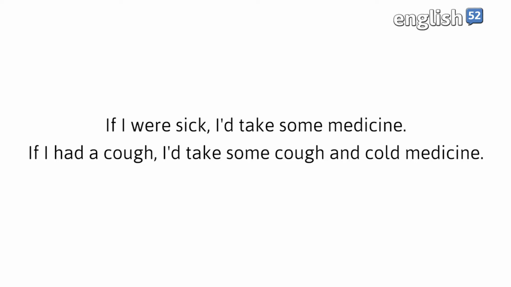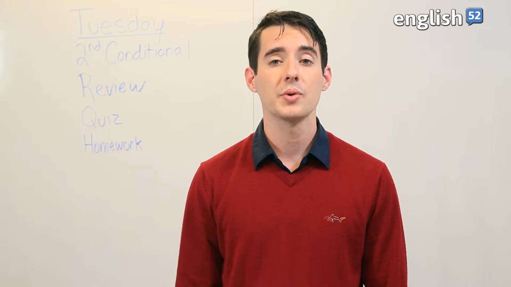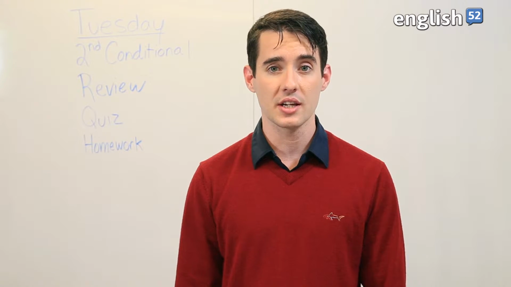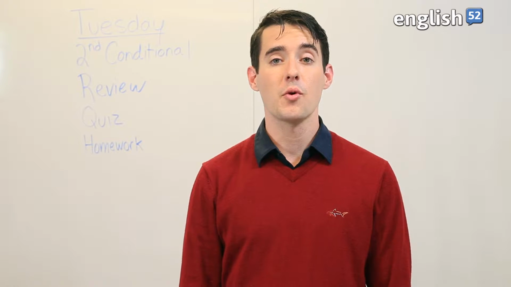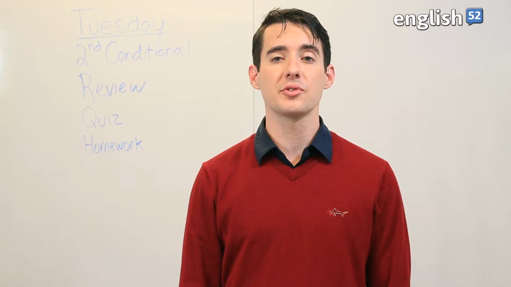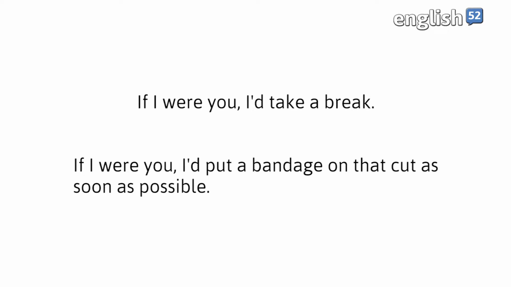If I had a cough, I'd take some cough and cold medicine. In both of these examples, the person is not sick. What they are saying is that if they were sick, they would take cough and cold medicine. The form, if I were you, is an impossible situation and is often used to give advice. For example, if I were you, I'd take a break. If I were you, I'd put a bandage on that cut as soon as possible.